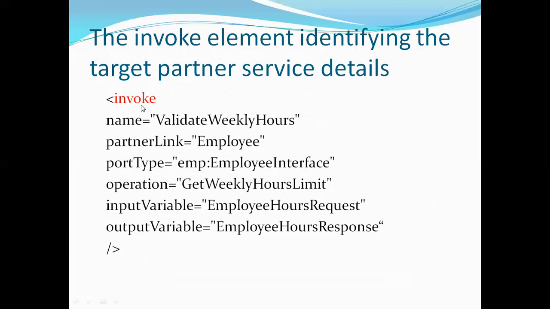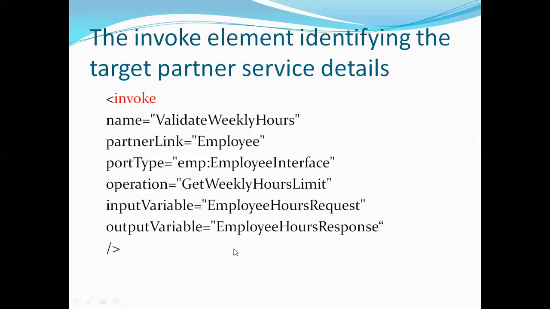So here, invoking the valid weekly hour process, the partner link is employee, the port type is employee interface, and through that employee interface we are performing the operation get weekly hour limits. The input variable is the employee hours request, and the output variable is the employee hours response.